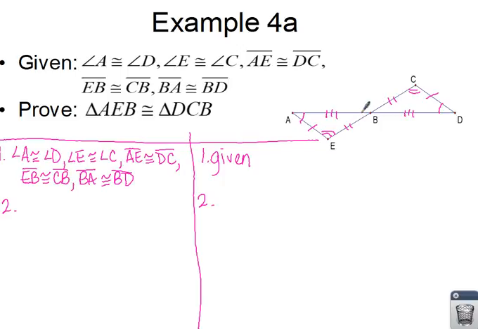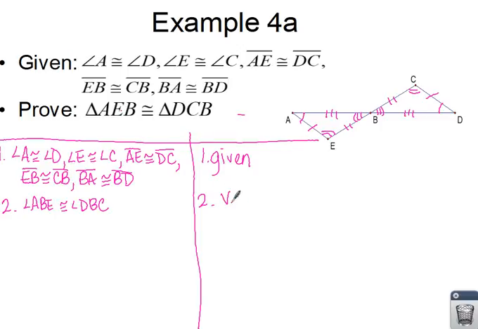Okay, if we look in the middle, we have vertical angles right here in the middle. Okay, so angle ABE is congruent to angle, and you have to name it in the same order, DBC. And if you're not sure, look at the proof step and look at the triangles and how they're named, and name the angles. If you name ABE, then you have to name DBC.